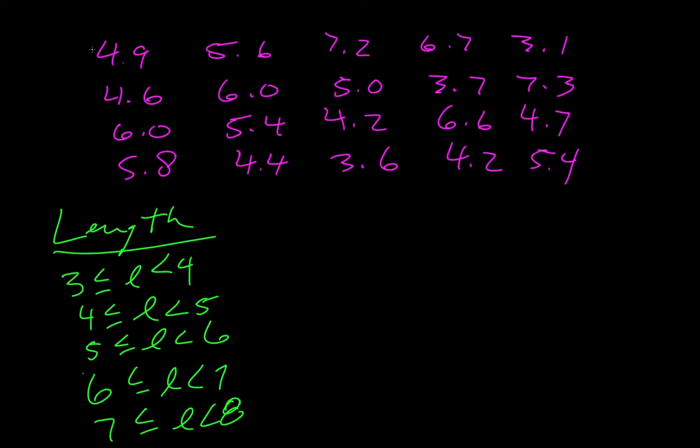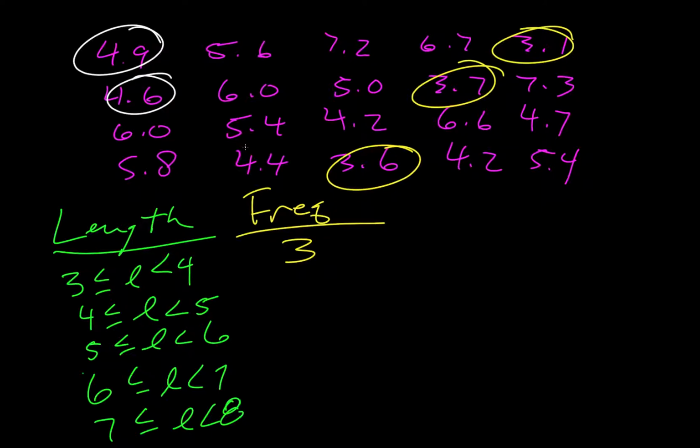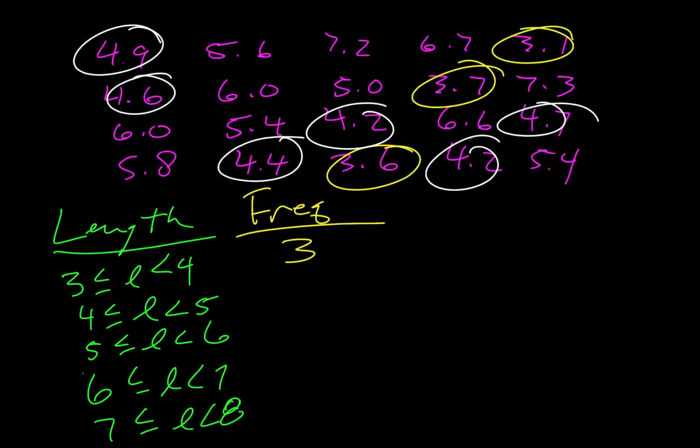So we can do it as a tally if we want, but I'm just going to do anything that's in between 3 and 4. So essentially I'm looking for something that has a 3 in front of it. So 1, 2, 3. Okay, so I got 3 of those. This would just be my frequency. So now anything with a 4 in front of it, I'm going to do in white. So 1, 2, 3, 4, 5, 6.